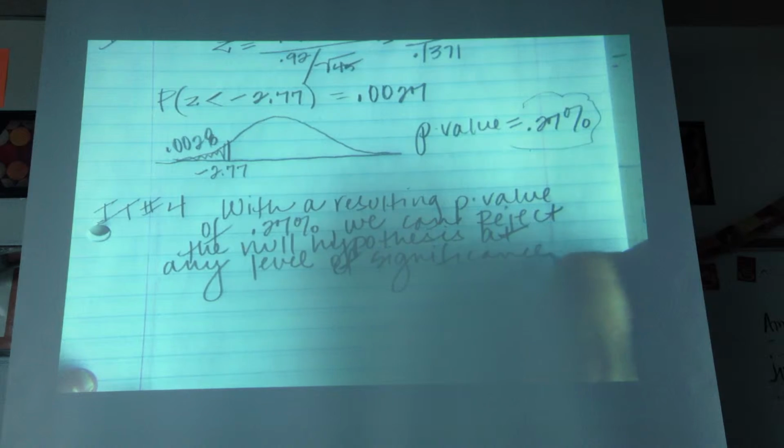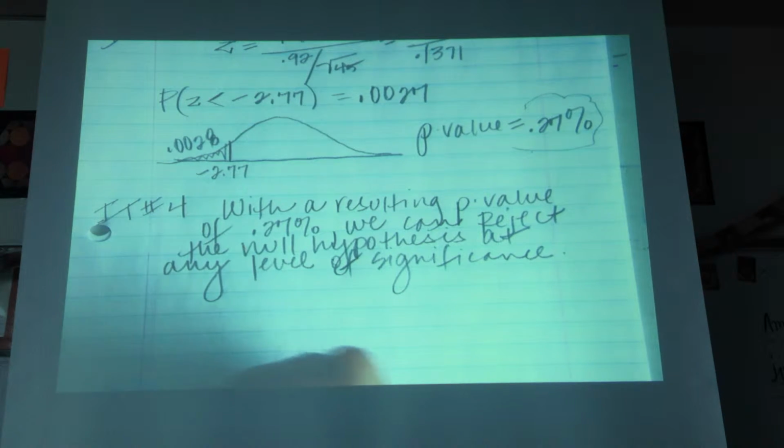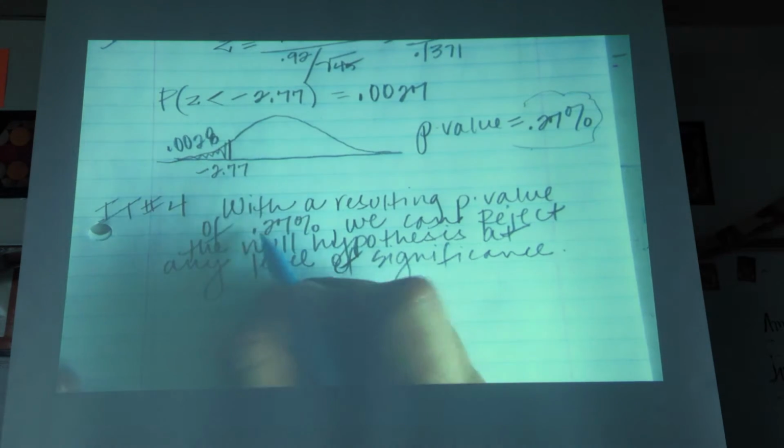And I say that because levels of significance are going to be 1%, 5%, 10%. This is less than 1%.